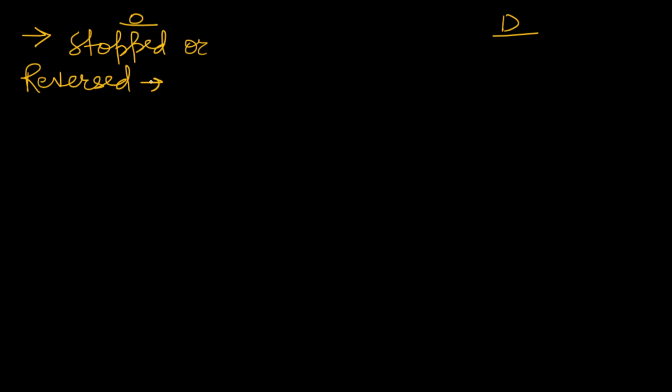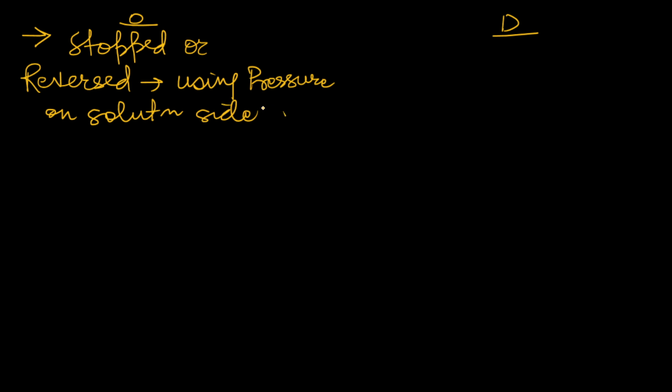In osmosis, the process can be stopped or reversed by applying pressure on the solution side. But in diffusion, neither can it be reversed nor can it be stopped. So this is another difference.